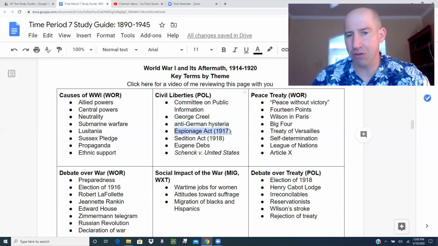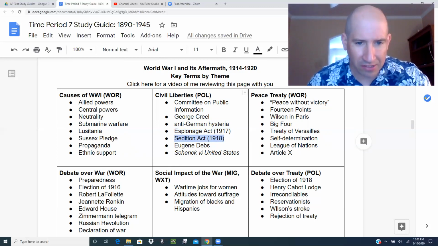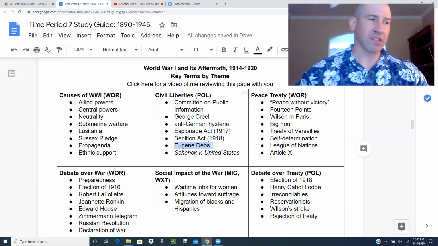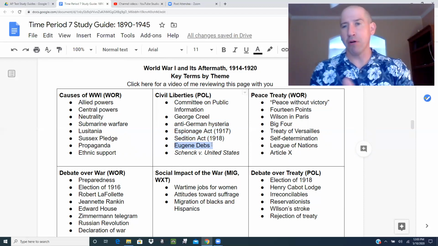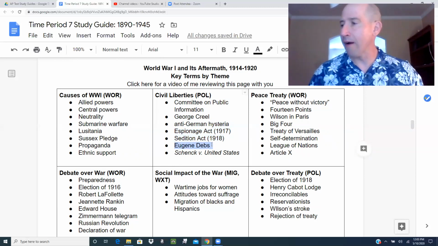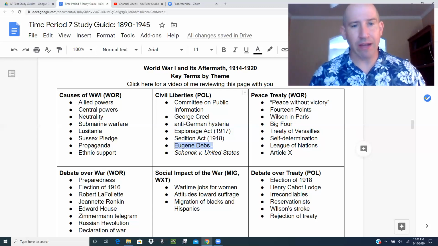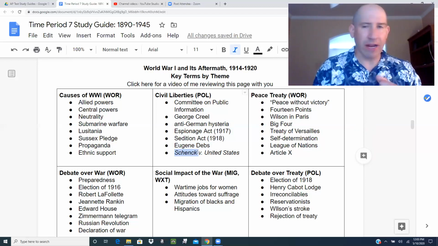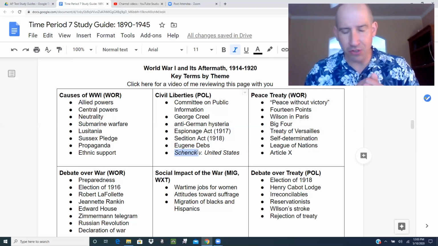The Espionage Act criminalized criticizing the war and interfering with the draft. The Sedition Act criminalized criticizing the government. Of course, Eugene V. Debs, we read part of that speech that he gave opposed to conscription and opposed to war. You know, he went to jail for it. Schenck was a Philadelphia socialist who was arrested for handing out pamphlets telling people to resist the draft.